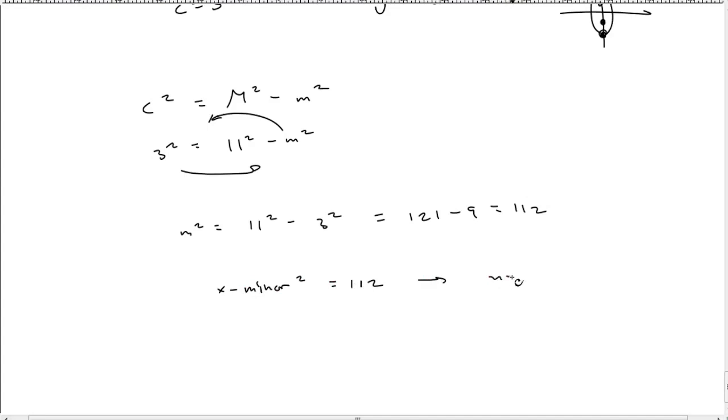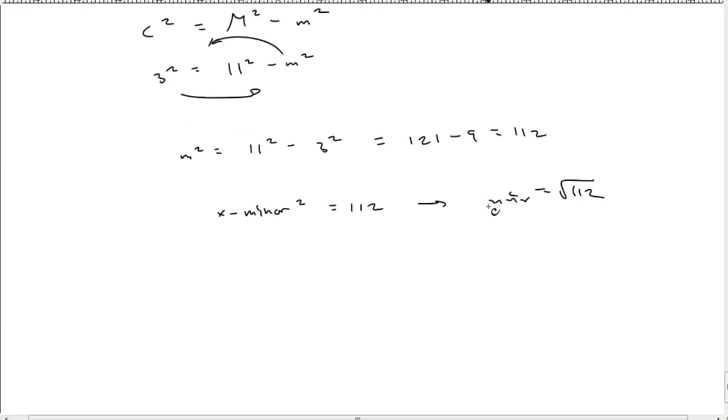Yes, I know now that my minor is going to be the square root of 112, and I'm sure that will reduce somewhat, but here's the little trick for this one. They want the equation, and so you don't really need to have this component.